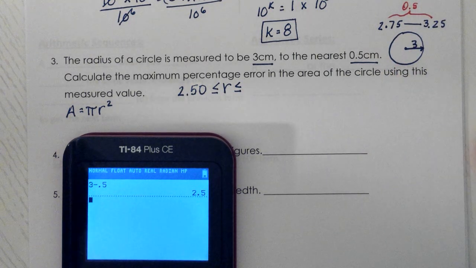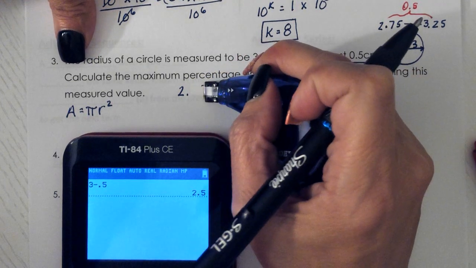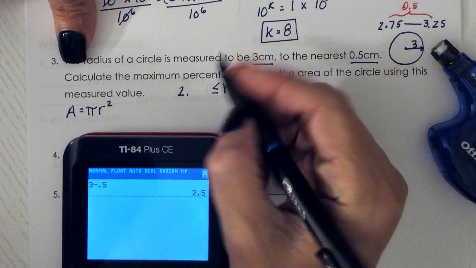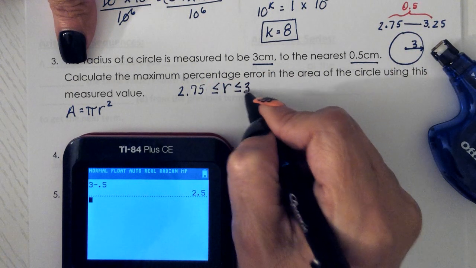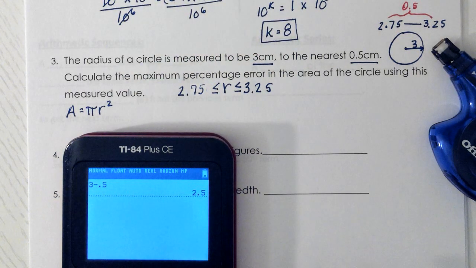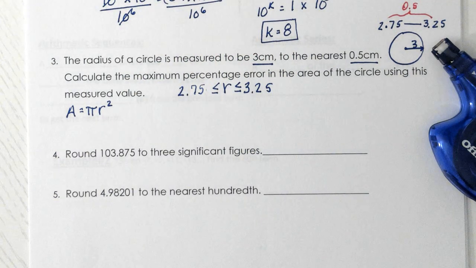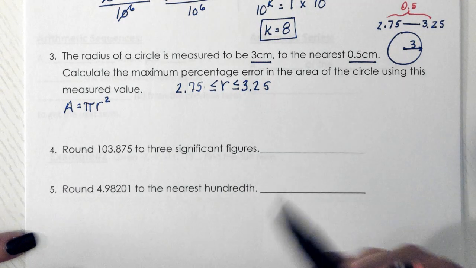I'm not going to be a whole half centimeter this way, because if I was, I'd be too far. I couldn't go that far. So it would be 2.75 this way and 3.25, because that distance adds up to 0.5. If I lost you on that, come see me, and we're probably going to do this one in class anyway, so it won't matter.